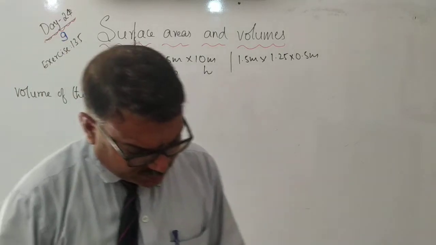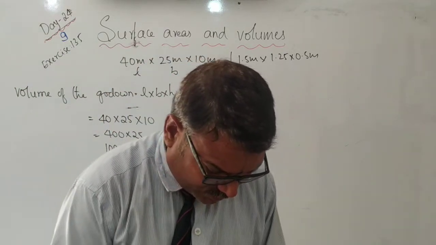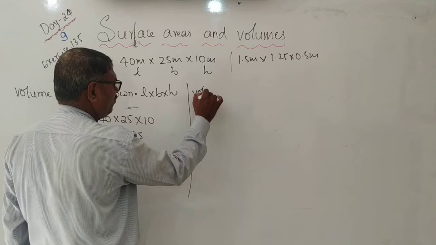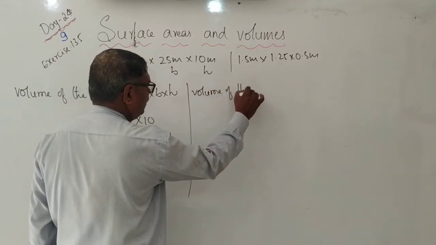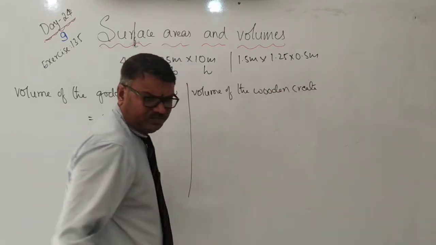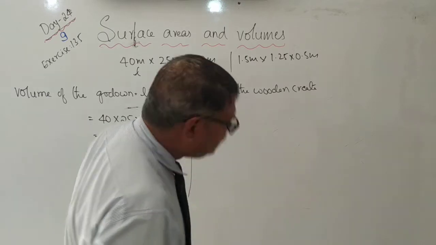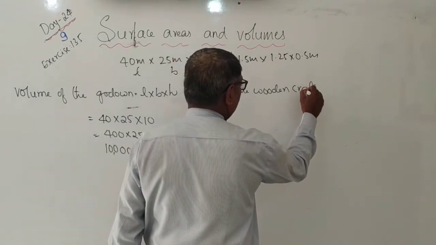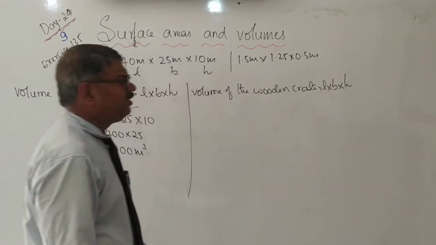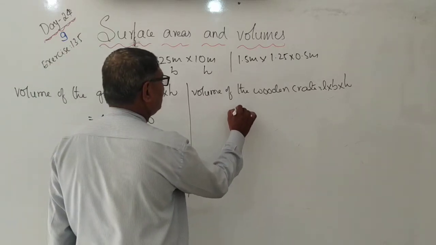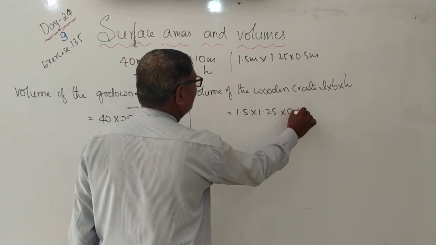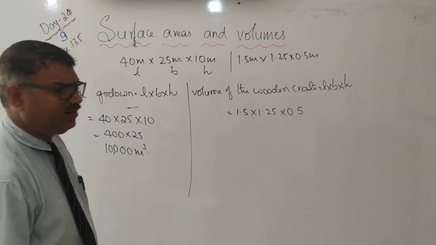Very good. 10,000 meter cube. Now we will find out the volume of the wooden crate. It is in the form of a cuboid, therefore length into breadth into height only. Therefore 1.5 into 1.25 into 0.5. Very simple.